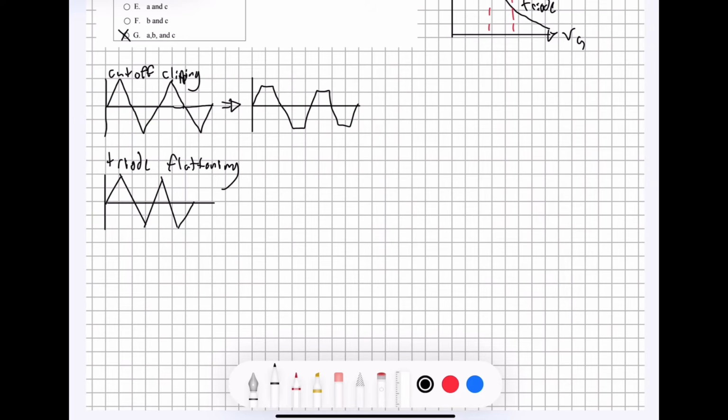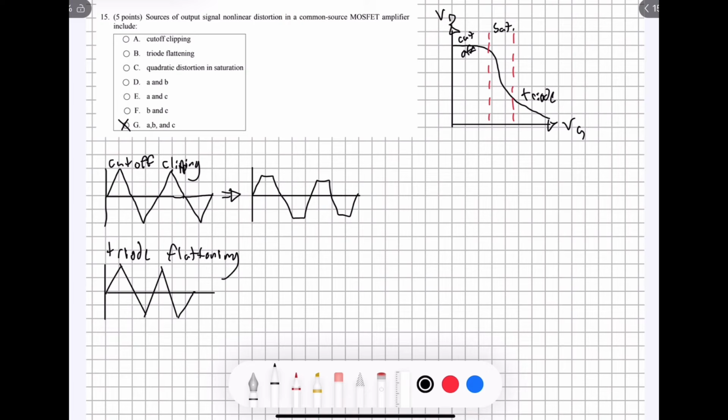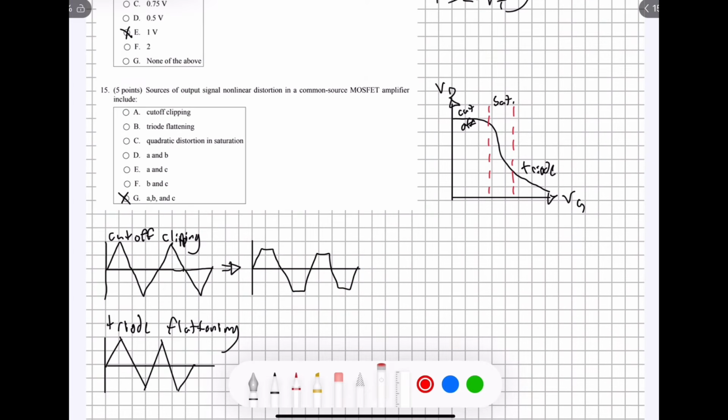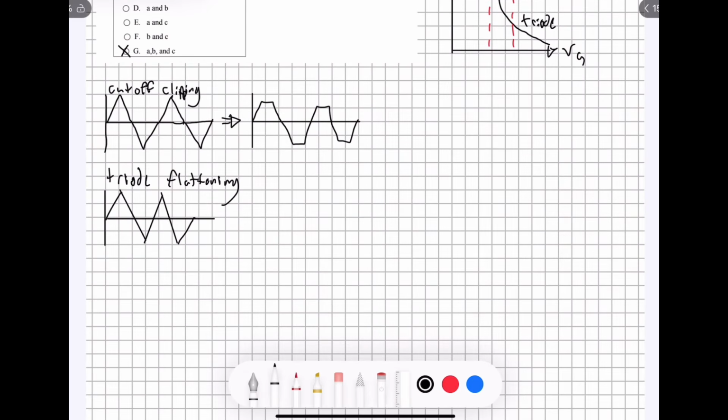Anyways, triode flattening is basically the opposite of cutoff clipping. It is when you're on the saturation curve right here, but you get a little too close to the triode region, and it's a bit of distortion that's introduced from that. And triode flattening looks a bit different than cutoff clipping.